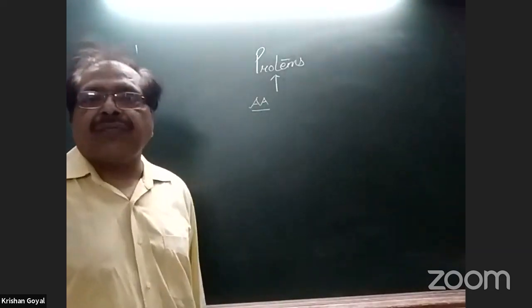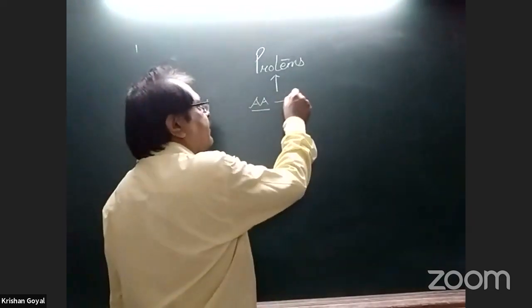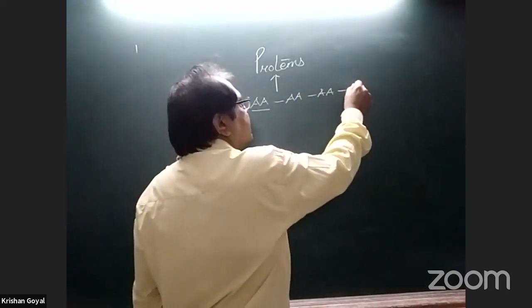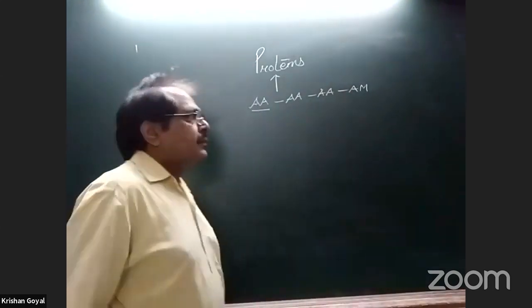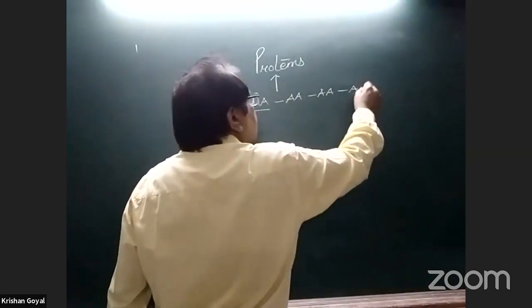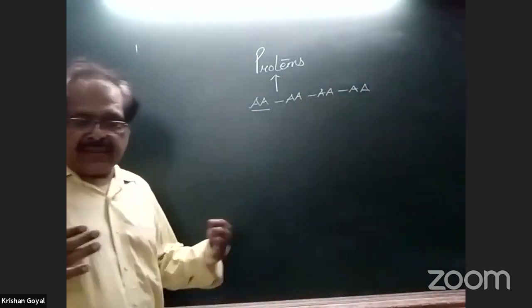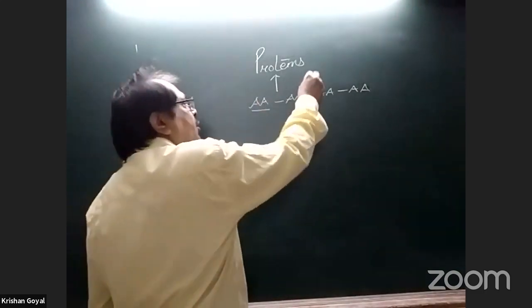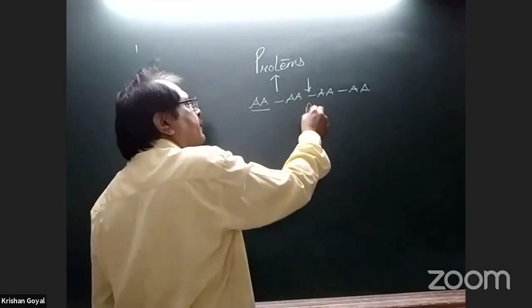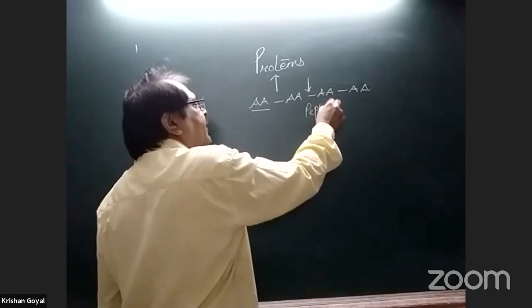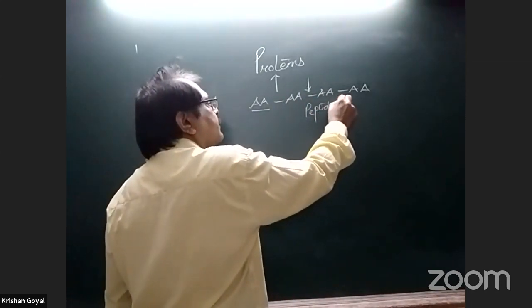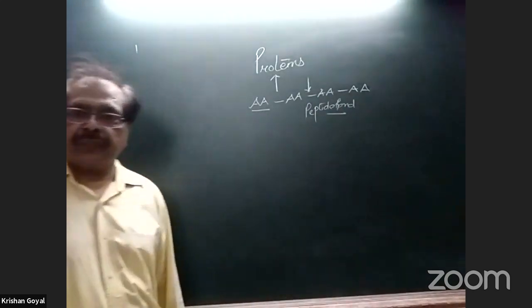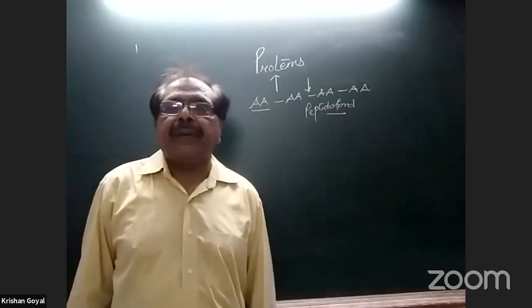A large number of amino acids get bonded with each other by means of a bond called a peptide bond. It is called a polypeptide or protein.